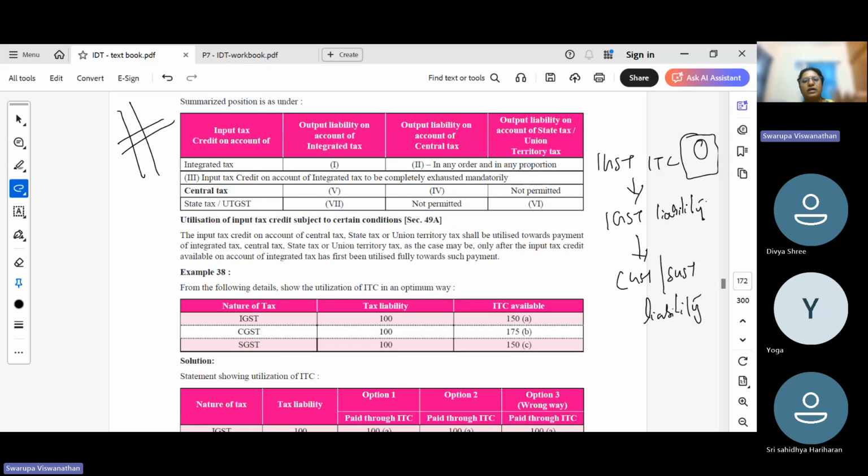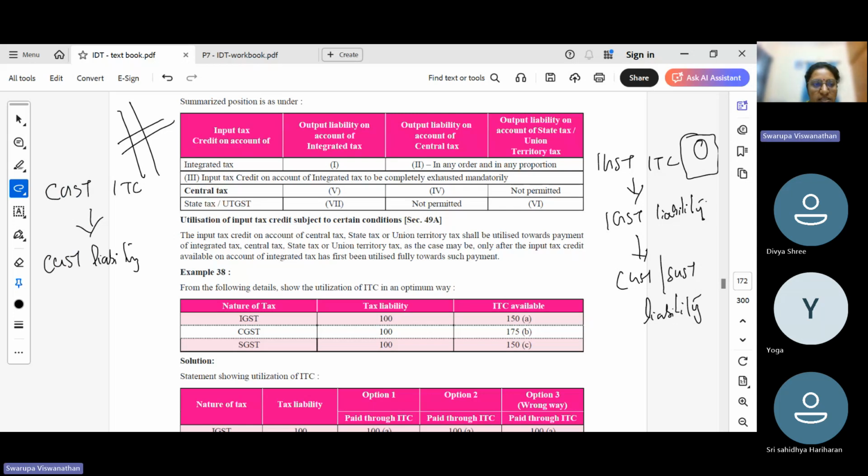So first you have to take this IGST ITC, use it against IGST liability, use it against CGST, use it against SGST. This particular box of IGST ITC should become 0. Once it is 0, you go to the next box, CGST ITC. CGST ITC, first you use it for CGST liability.